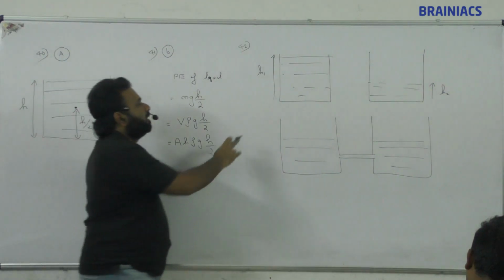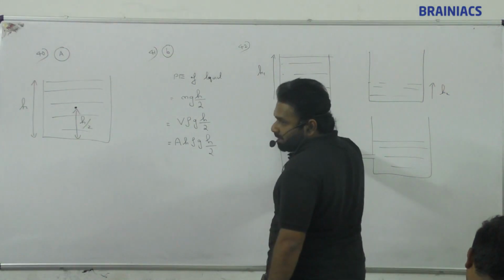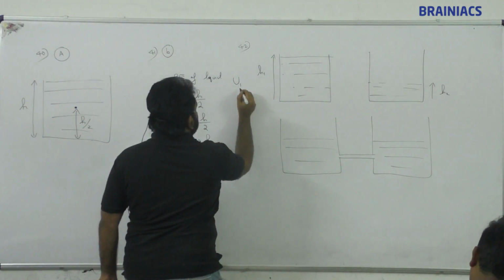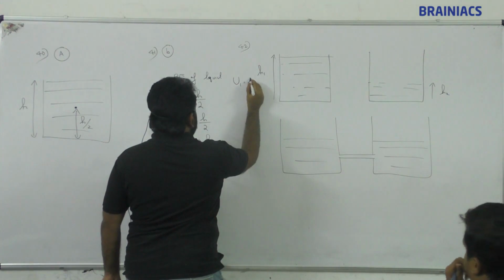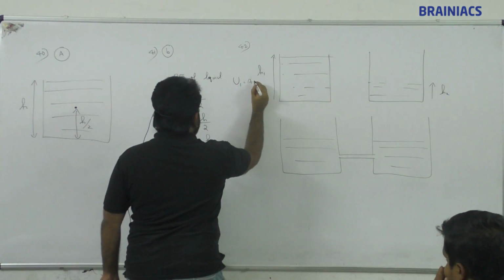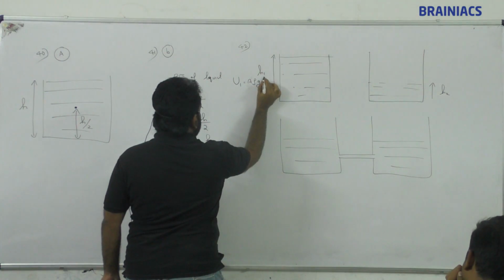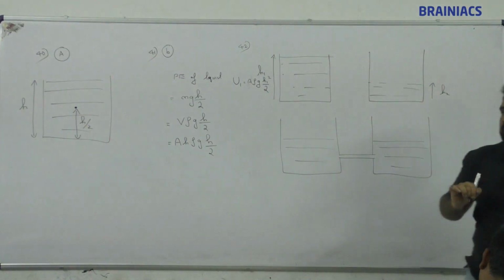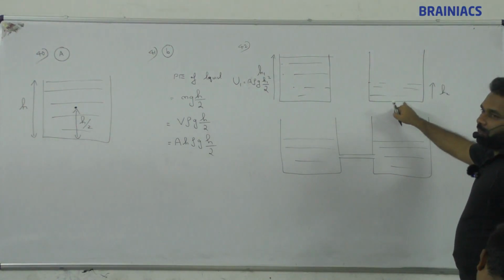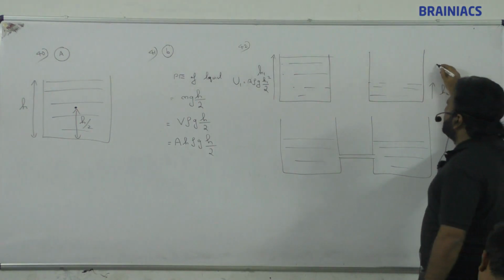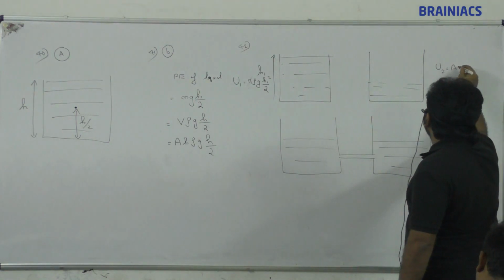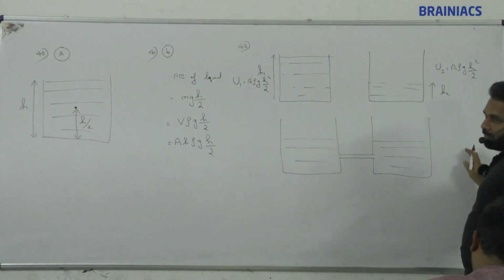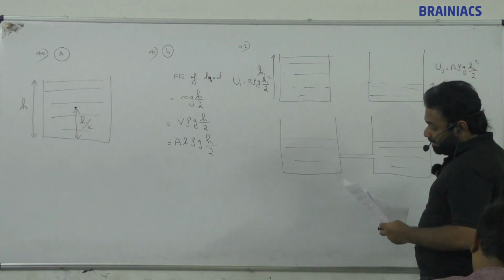So now the potential energy of the first one is going to be A rho g H1 square by 2, correct? The potential energy of this one, U2, is equal to A rho g H2 square by 2, correct? What is the final height they have given?